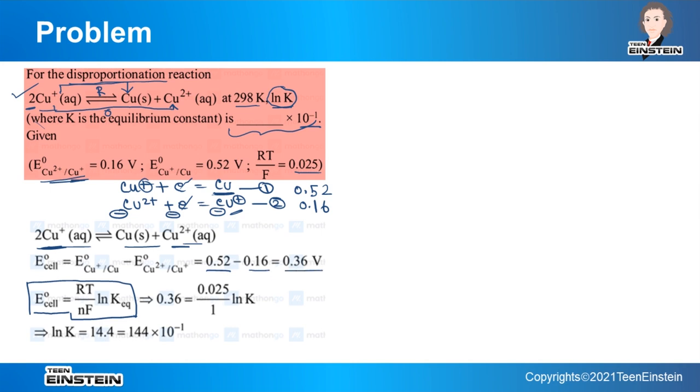Now this similar type of problem we have also done before, but there we used delta G equal to minus NFE, right?